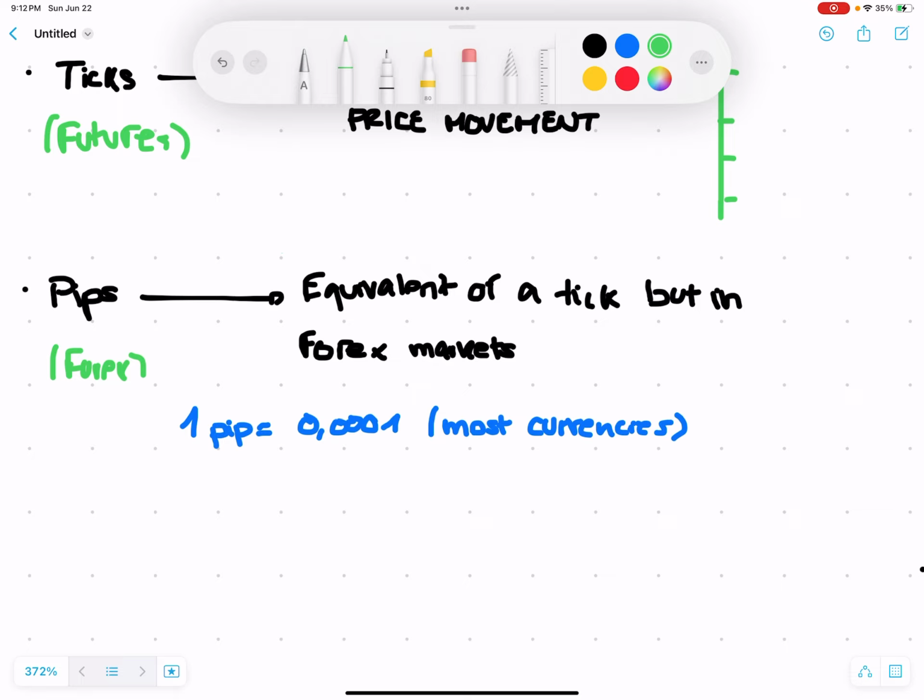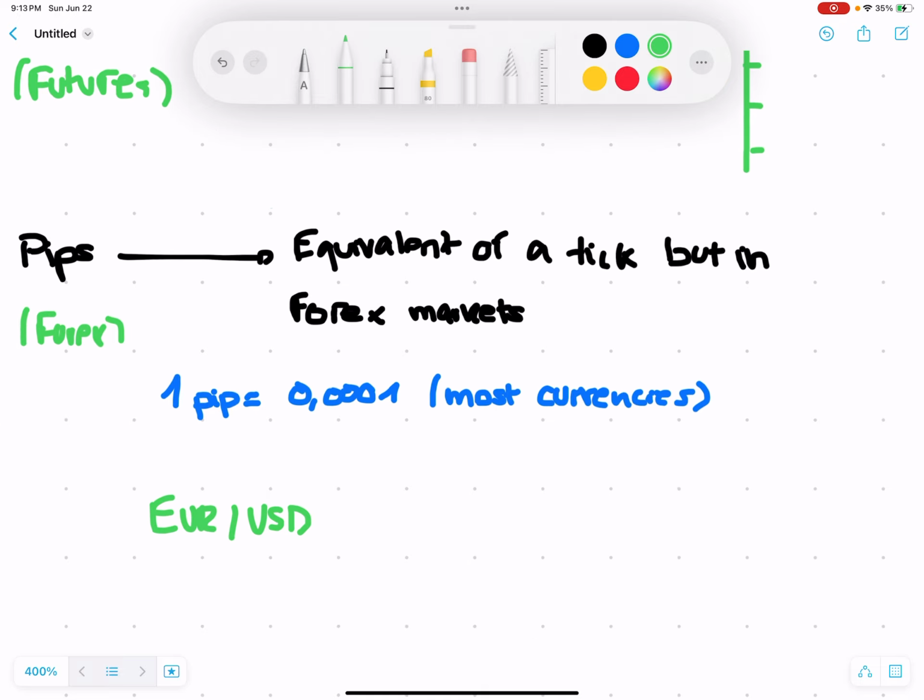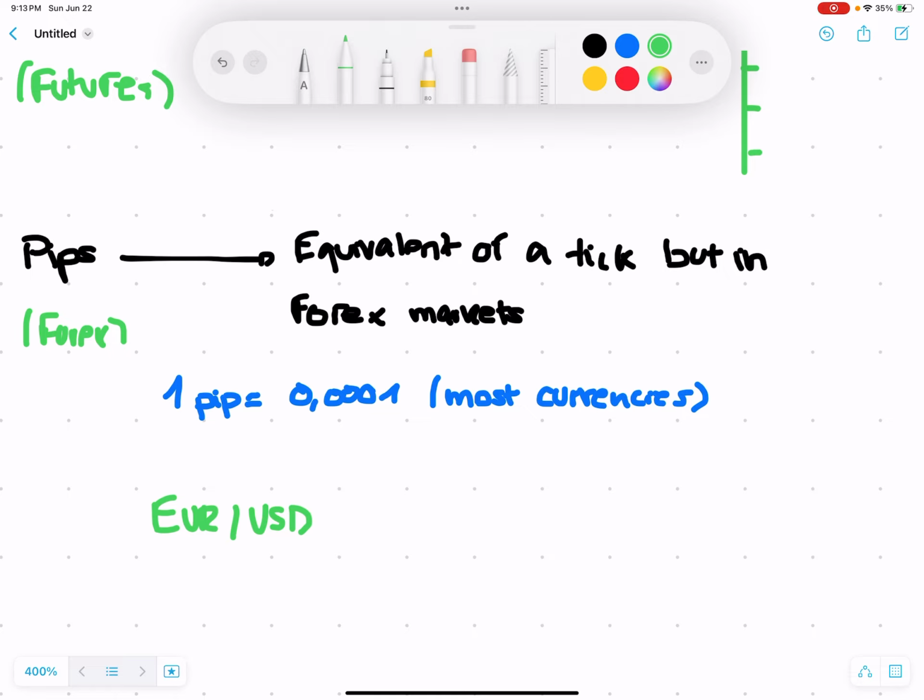For example, if I go to the Euro USD, the value of the European currency compared to the US dollar, let me give an example right here.